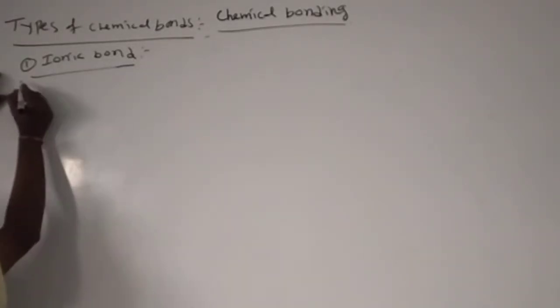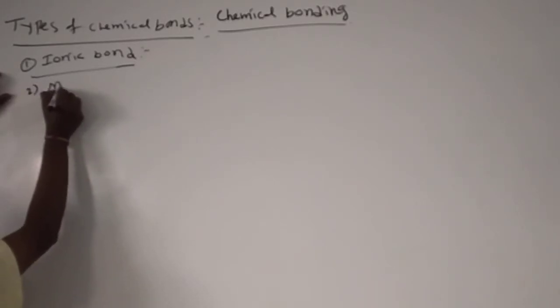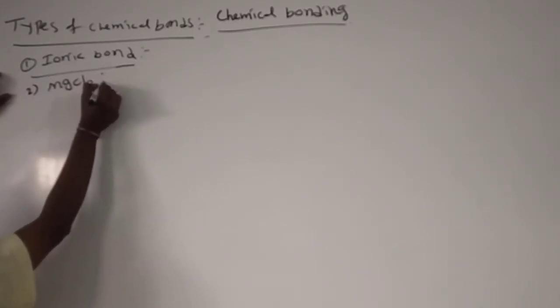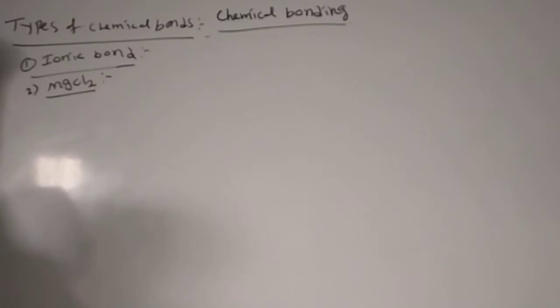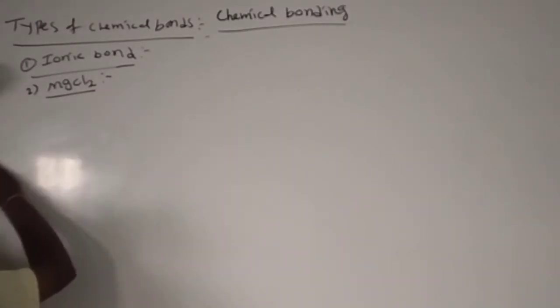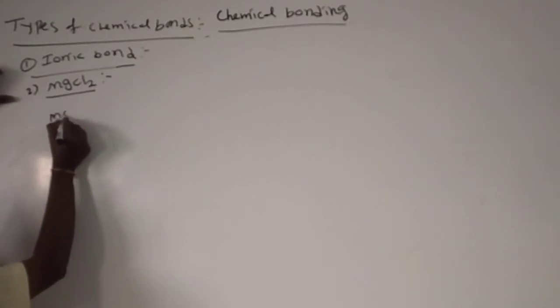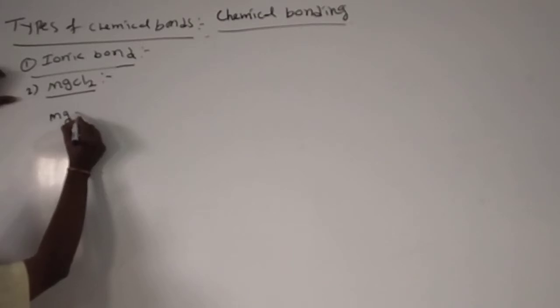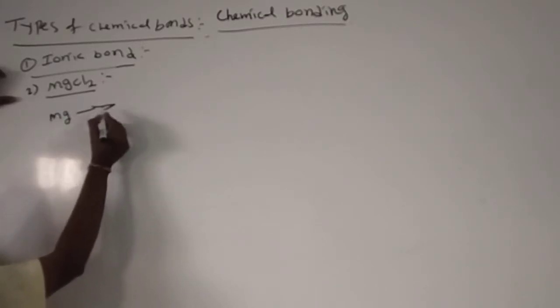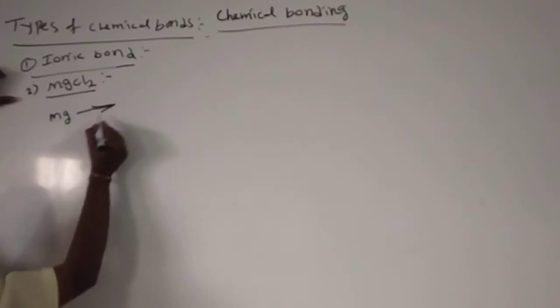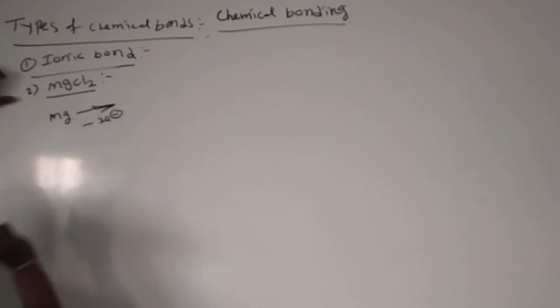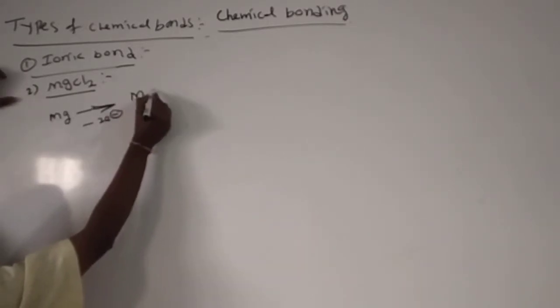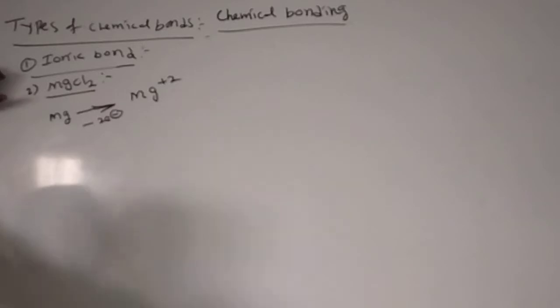Next, the second compound, formation of magnesium chloride. MgCl2 we call magnesium chloride. How does magnesium chloride form? Magnesium loses 2 electrons and we get magnesium plus 2 ion.